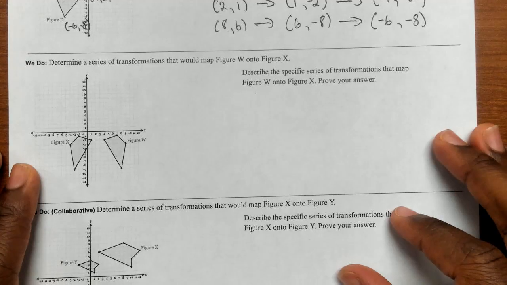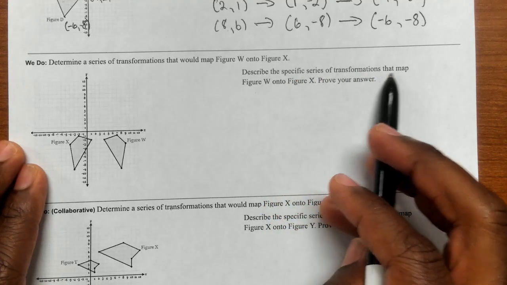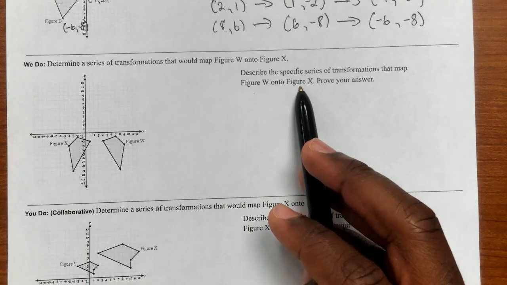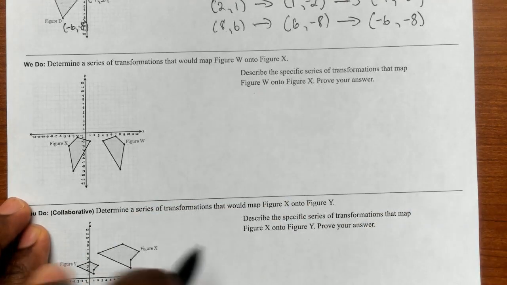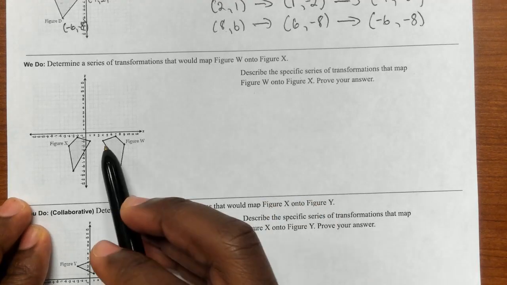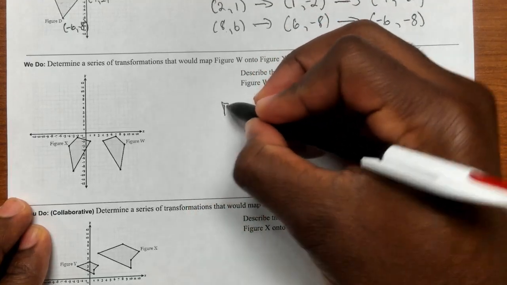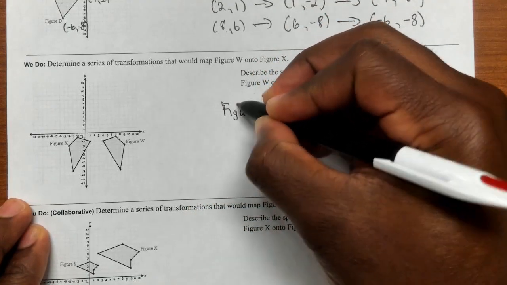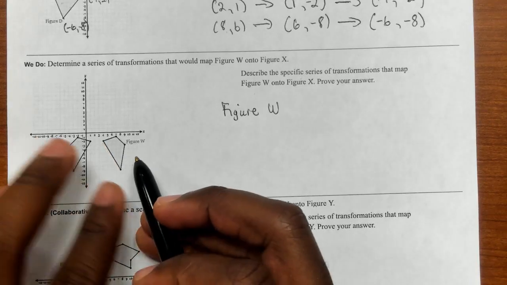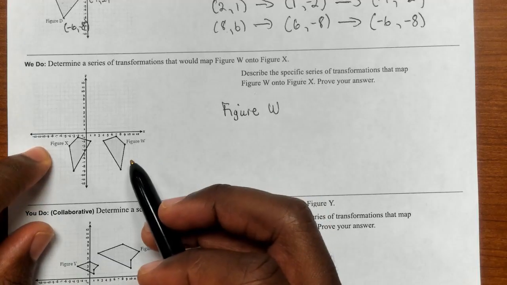So let's try the next one. The next one again says we're trying to describe the specific series of transformations that map figure W onto figure X. So again, when we're looking at this, guys, I will try to first evaluate what's the movement. From my perspective, figure W looks like we first did a reflection, but if we reflected it from here, it would be somewhere over here.